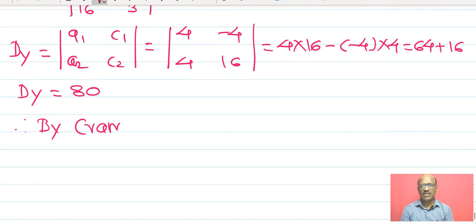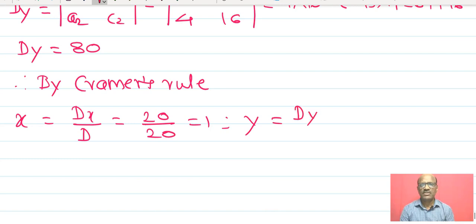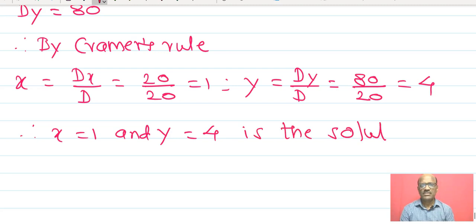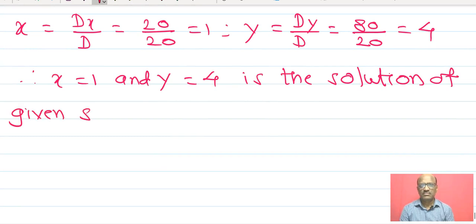But by Cramer's rule, x is equal to Dx upon D, that is 20 upon 20, x is 1. y is equal to Dy upon D, that is 80 upon 20, that is 4. Therefore x is equal to 1 and y is equal to 4 is the solution of the given simultaneous equation.